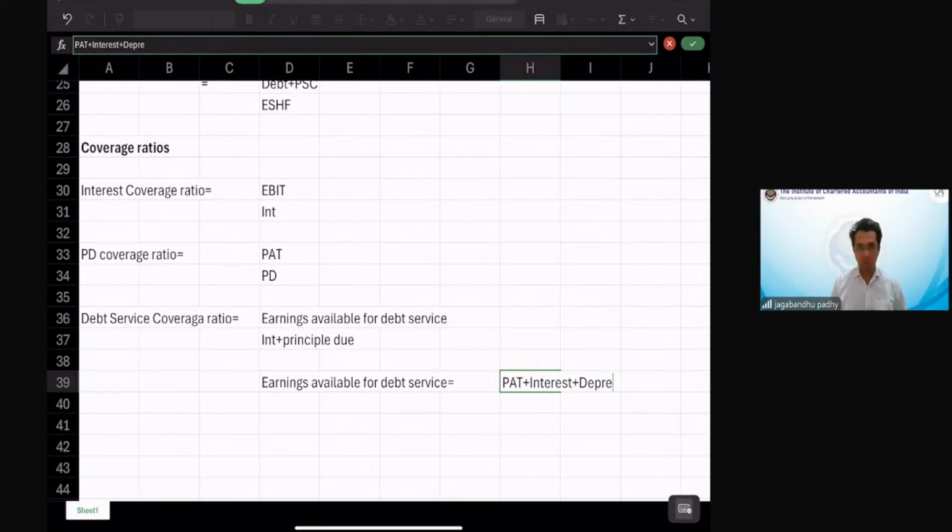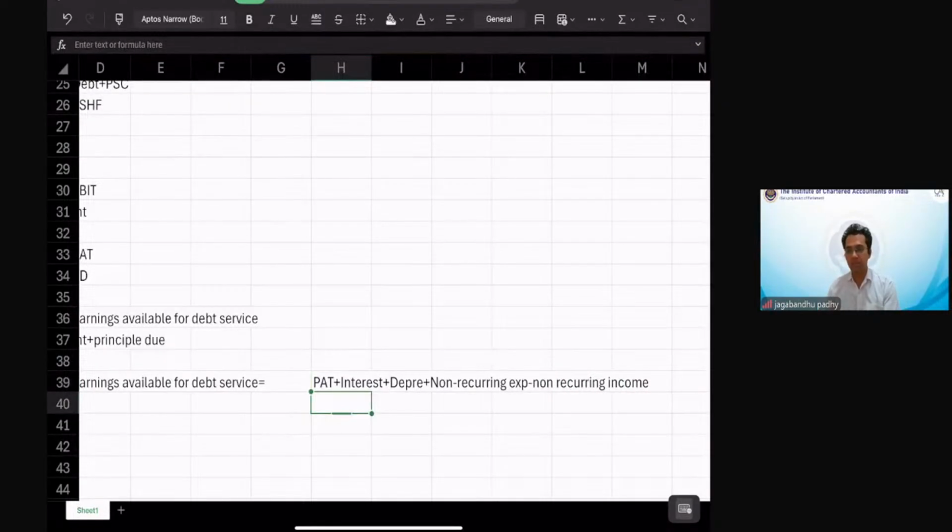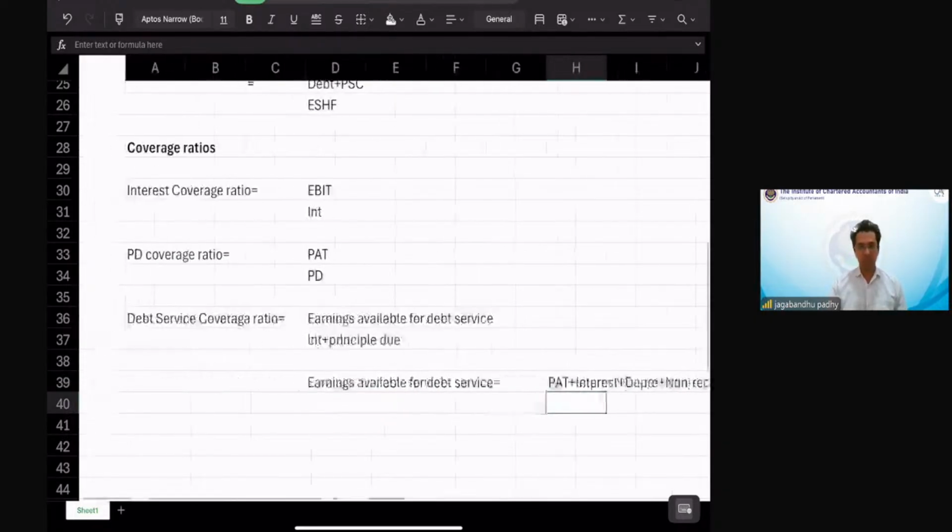And add non-recurring expense minus non-recurring income. So all those non-recurring items we are going to exclude from our calculation.